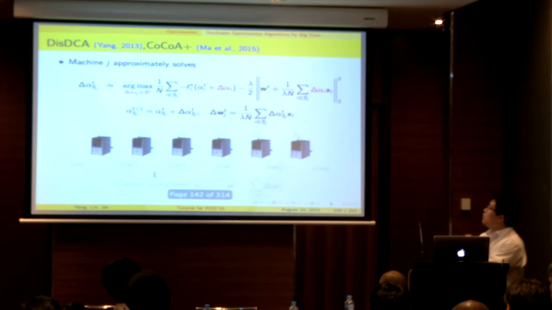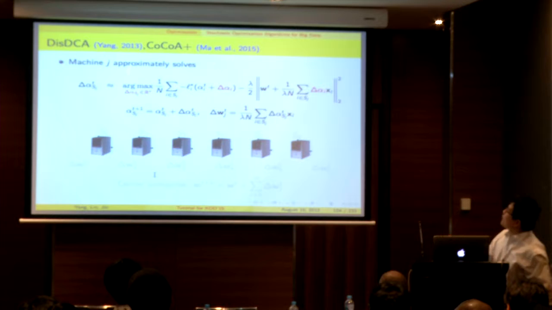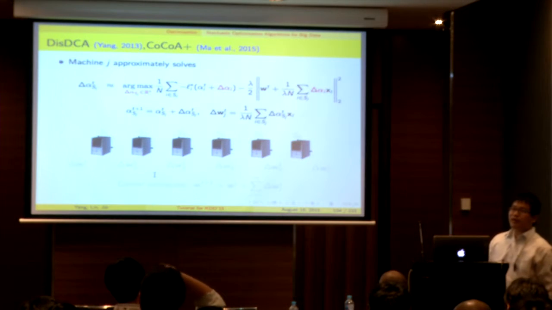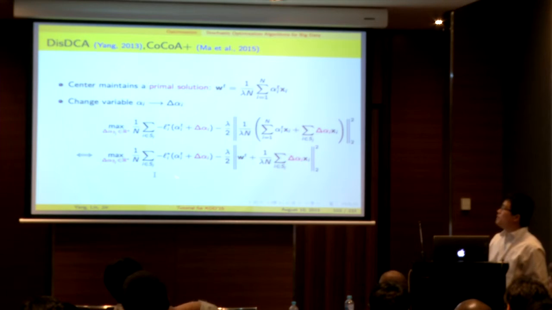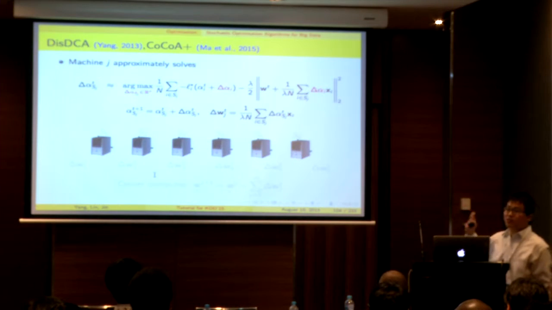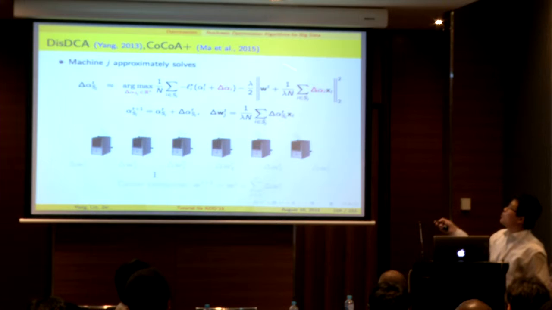So you can use whatever algorithm to solve this local problem. It does not have a closed form, unfortunately, because it's not in R1, it's in Rn. But you can use any algorithm to solve these local problems. So this is not exactly the optimal, but an approximate optimal solution. We obtain delta alpha, which is the approximate optimal solution of these problems.